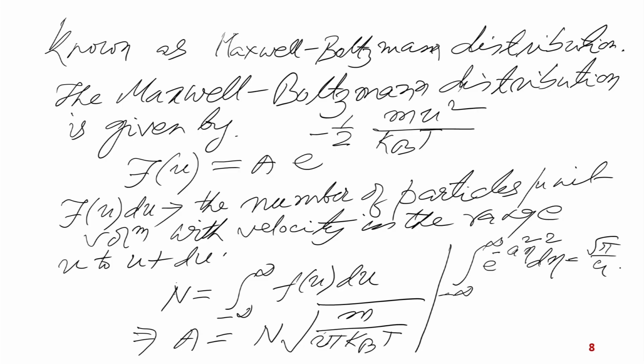Accordingly, if you compare this expression and this expression here, you can find this integral. Just initially we wrote the kinetic energy. Now, this u we are considering is a one dimensional velocity here.